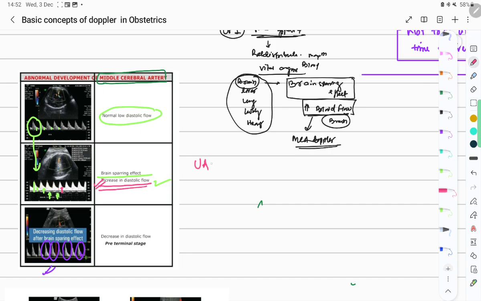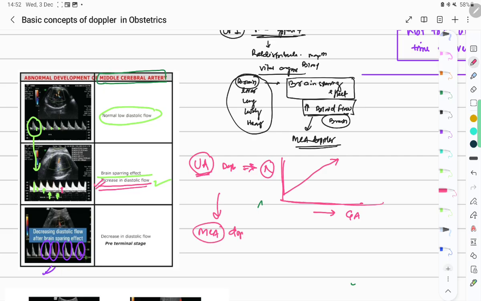Previously in umbilical artery Doppler, normally as pregnancy increases, the diastolic flow also increases. But here in MCA Doppler, if there is fetal hypoxia, then diastolic flow will increase. So this is the reverse.